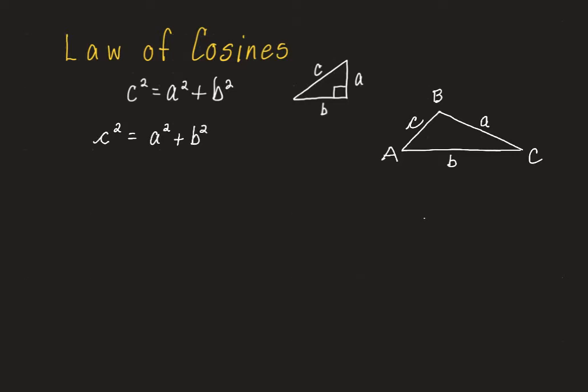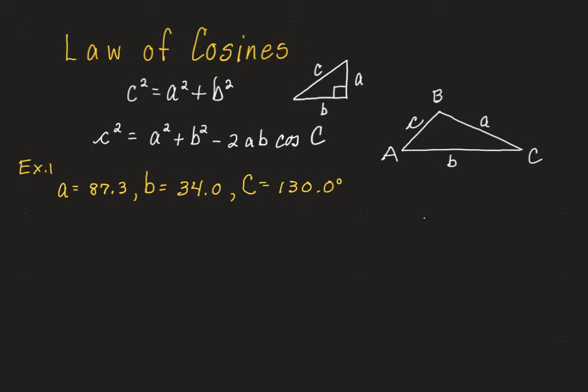Looks the same so far. But then you have to subtract 2 times side a times side b times the cosine of angle C. Your textbook provides a derivation of that formula. Therefore, I'm not going to do that for you right now.